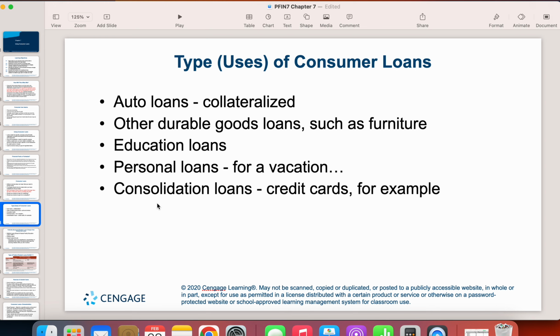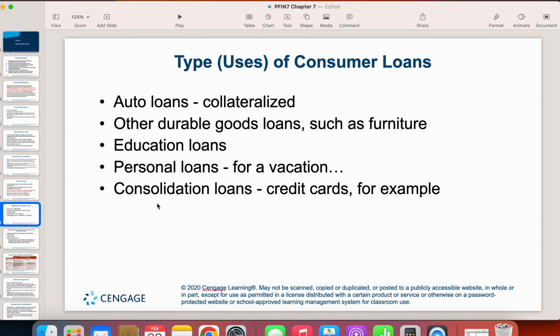Different types or uses of consumer loans are essentially auto loans, which are collateralized, and other durable goods loans, such as furniture, which are less collateralized. If you take out a loan to buy a piece of furniture, the depreciation rate on that furniture is so high that the collateralization benefit is really not there in the same sense that it's there for auto loans.